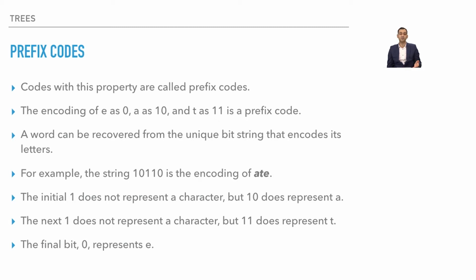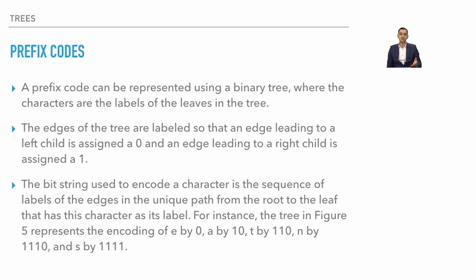A prefix code can be represented using a binary tree, where the characters are the labels of the leaves in the tree. The edges of the tree are labeled so that an edge leading to a left child is assigned a 0 and an edge leading to a right child is assigned a 1. The bit string used to encode a character is the sequence of labels of the edges in the unique path from the root to the leaf that has this character as its label.